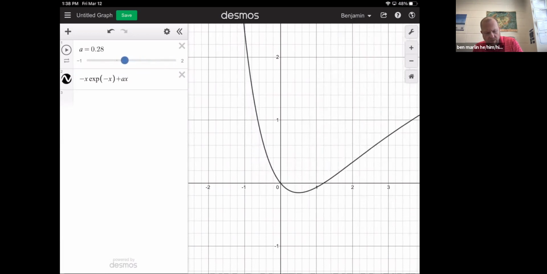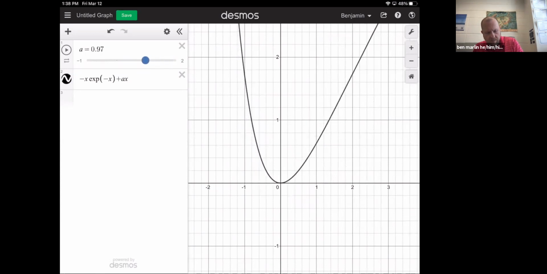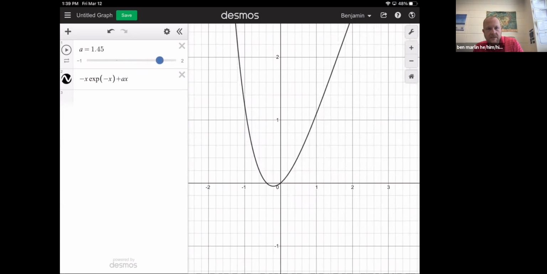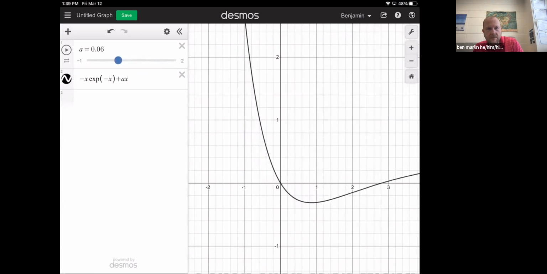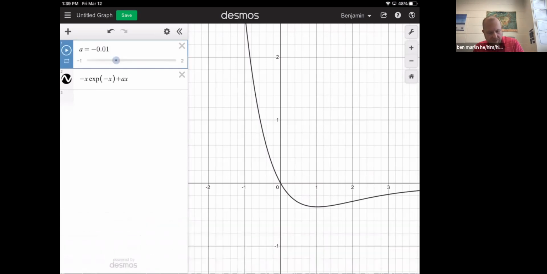Notice it always is going through 0, 0, right? But as we pass through that 0 part, I think that question was sort of incidental to what's happening here.